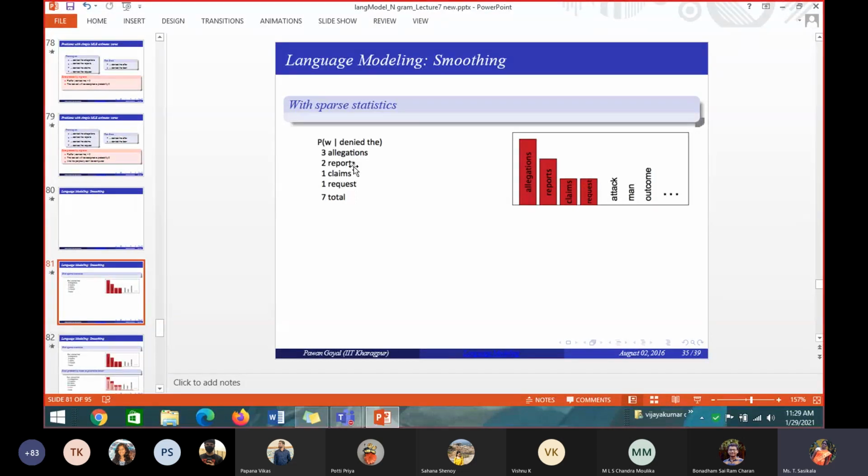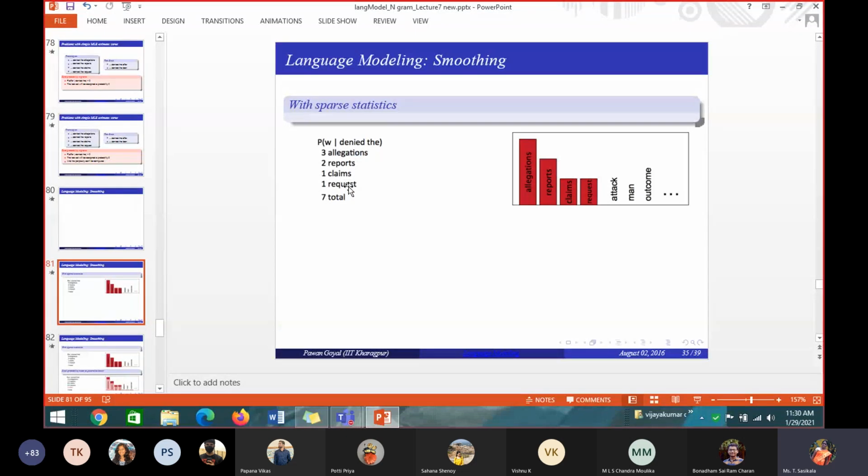"Denied the report" appears 2 times in my entire data set. "Denied the claims" appears only 1 time, and "denied the request" appears only 1 time.